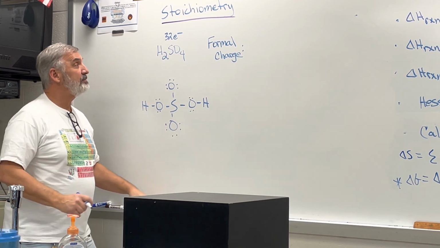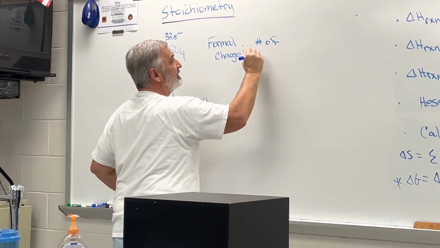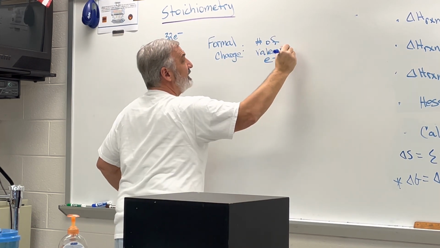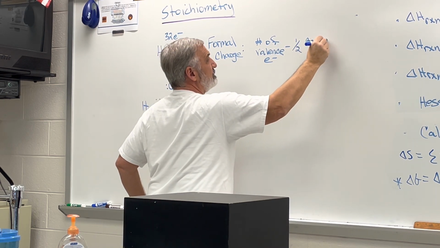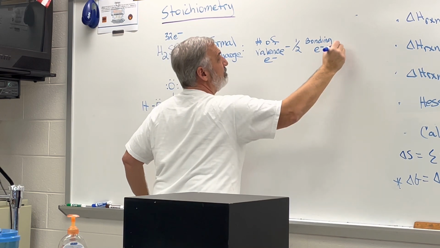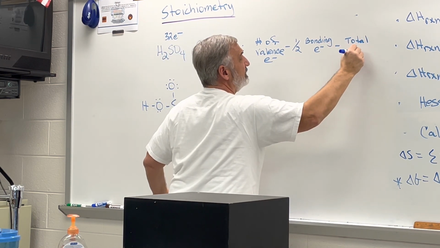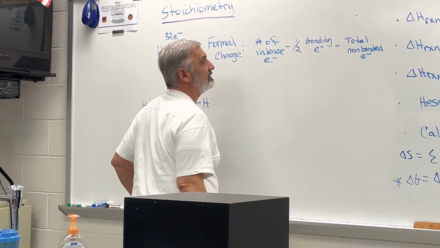So, remember the formula is the number of valence electrons minus 1/2 bonding electrons minus total non-bonded, lone pair electrons.